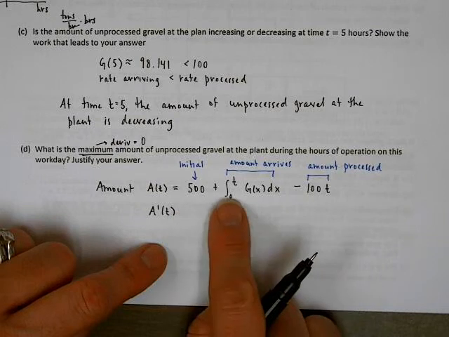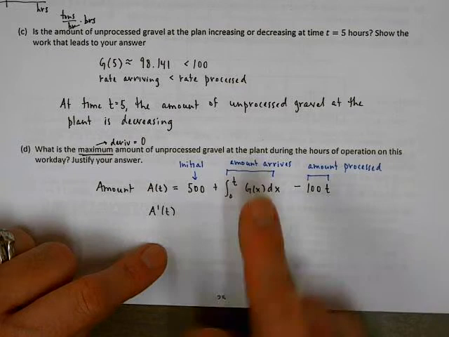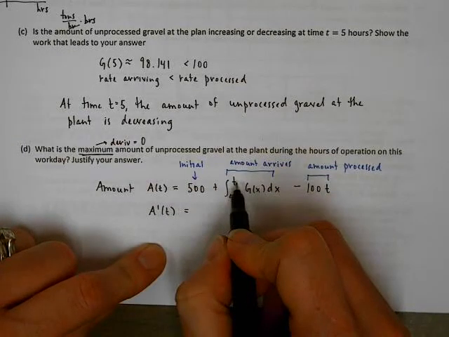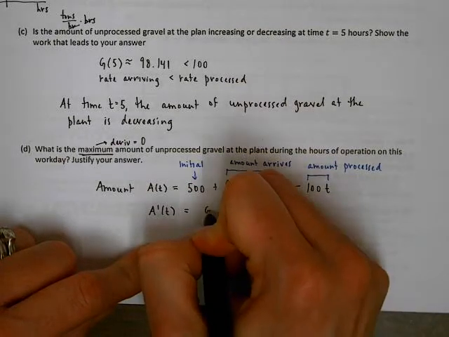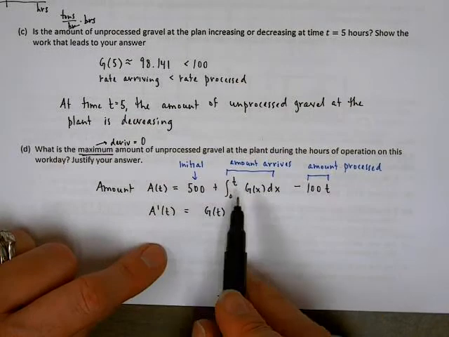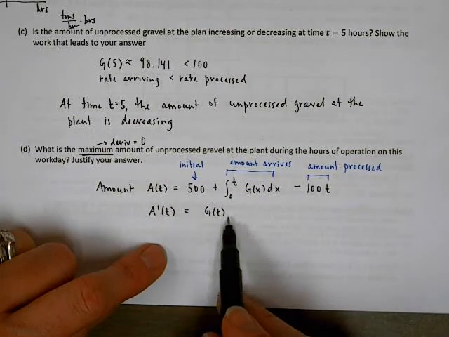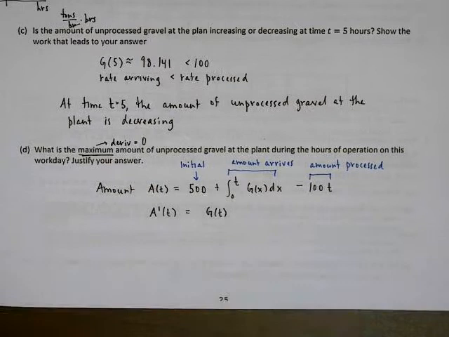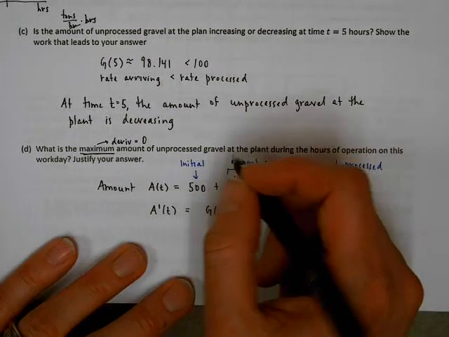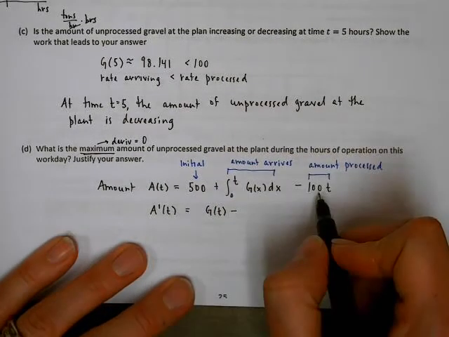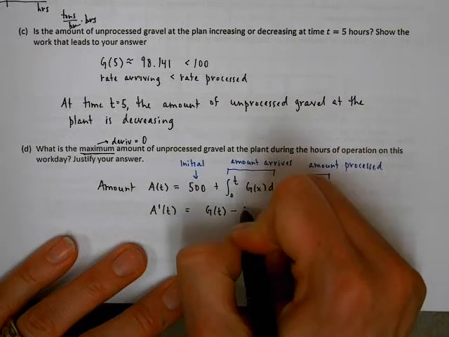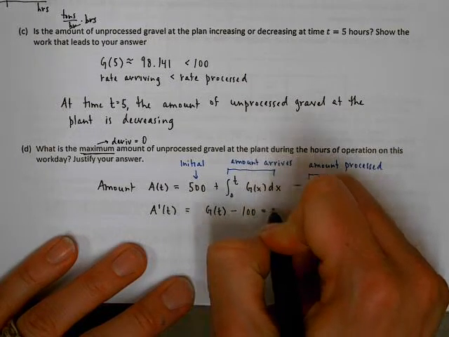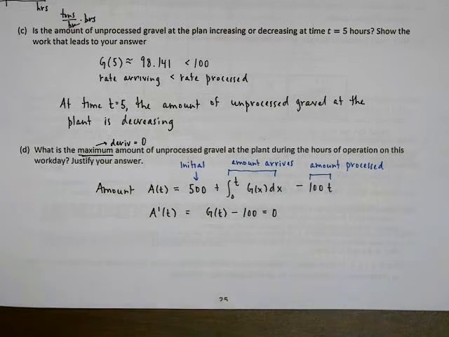The derivative of an integral, if you remember, that's our fundamental theorem. So the derivative of the integral just says, well, I'm going to plug in my upper bound. So I have g of t. The derivative of t is just 1. And since this is a constant, that goes away. So I just have g of t minus the derivative of 100t is just 100. And I want to find where that's equal to 0.